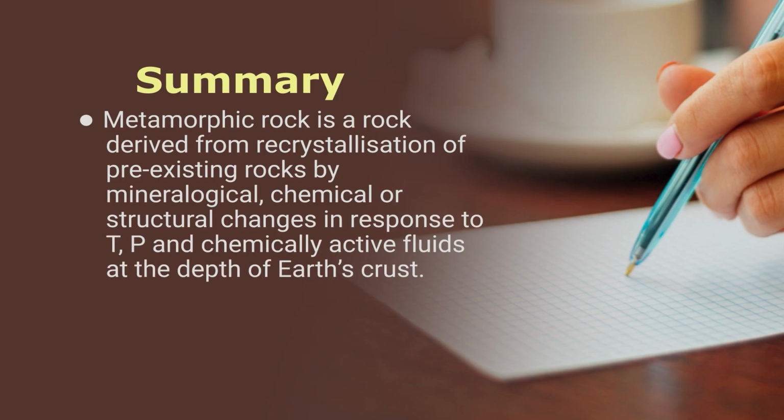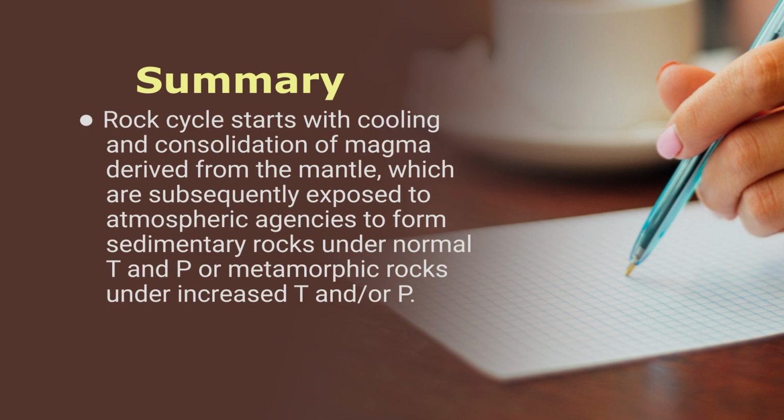Metamorphic rock is the rock which is derived from recrystallization of pre-existing rock, either by mineralogical, chemical or structural changes, and these changes are in response to temperature, pressure or chemically active fluids at depth in the earth's crust. The rock cycle in a way is a continuous process and is closely tied up with plate tectonics.